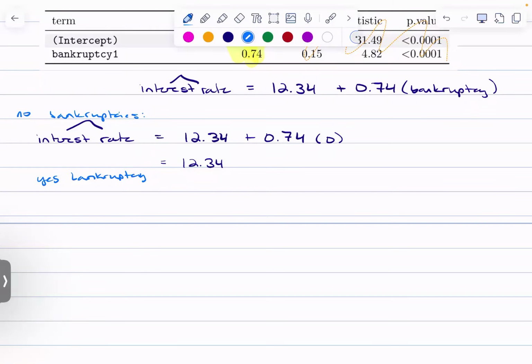Then the predicted interest rate is 12.34 plus 0.74 times 1, which is 0.74 higher than no bankruptcies. 12.34 plus 0.74 is 13.08. Percent, but who cares about units, right?